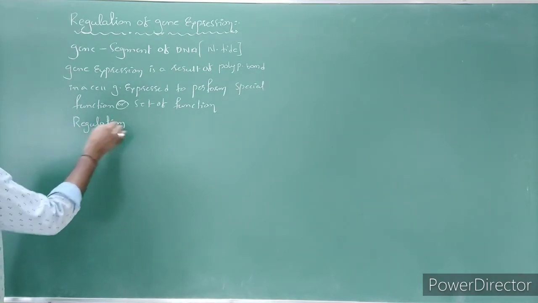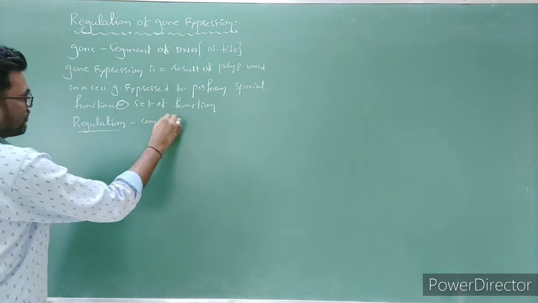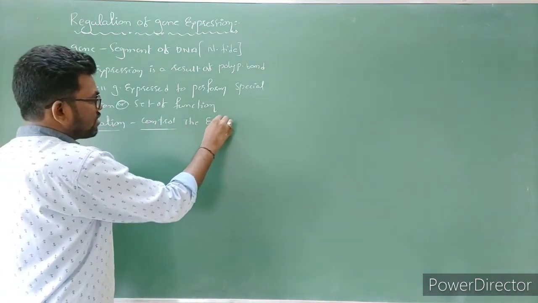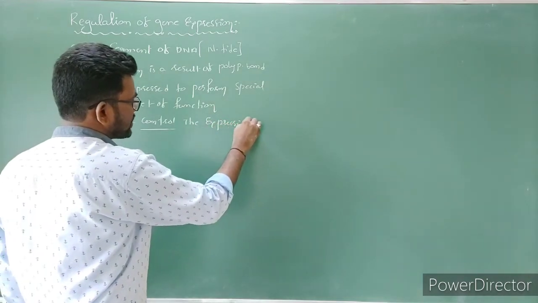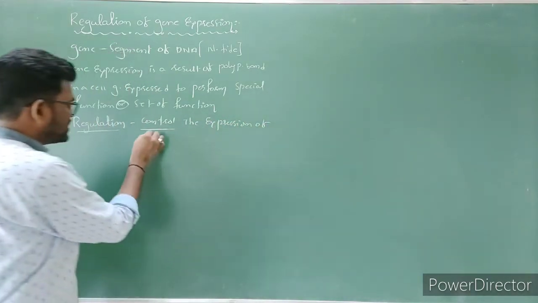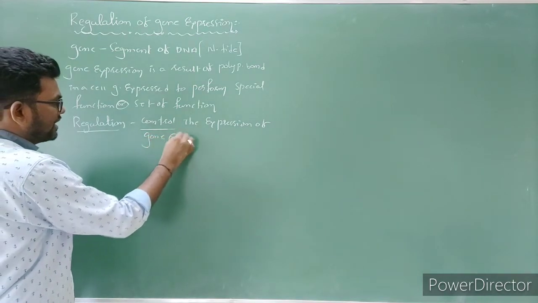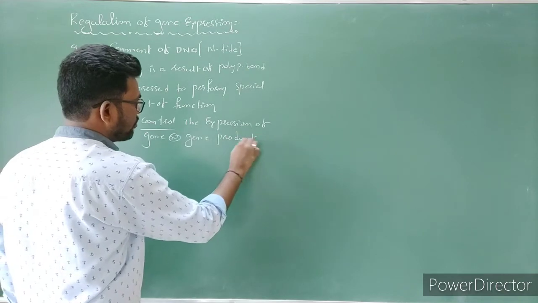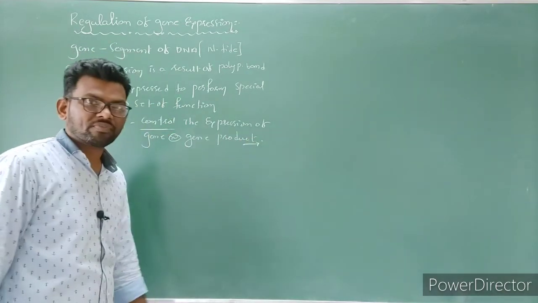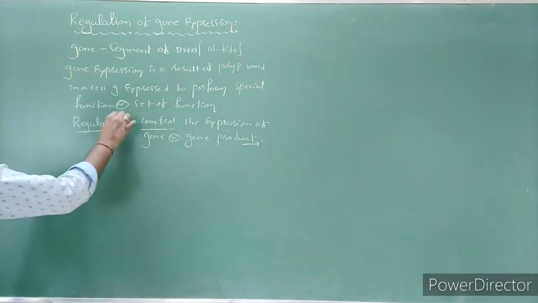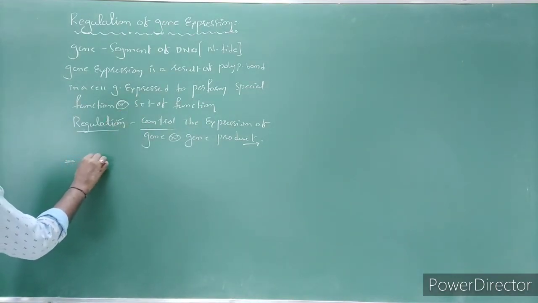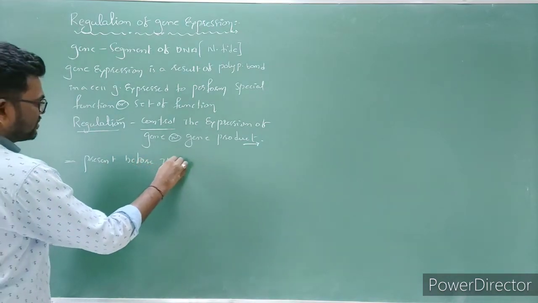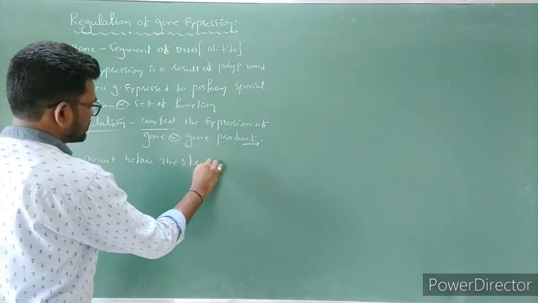Next, regulation. In simple words, regulation means control. Here, what is controlled? The expression of the gene, or nothing but the gene product, right? Where is this regulatory sequence present? Before the structural genes.